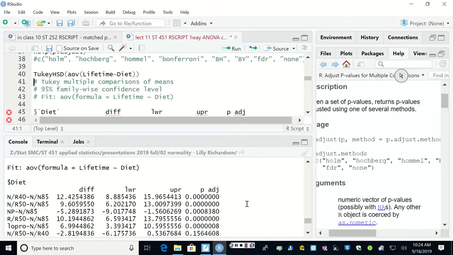So you get a few more things in there. It does all the pairwise differences. This is nice because it gives you the average difference. It gives you a lower and upper confidence interval for it, which you might like to see, and an adjusted p-value. And it uses a slightly different formulation of that. Again, you could look that up.